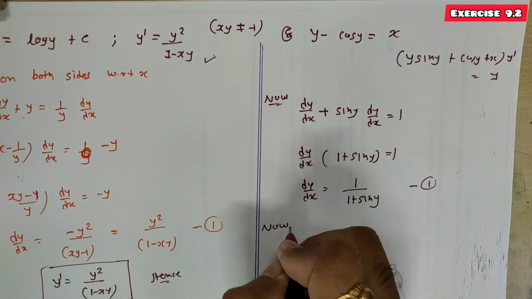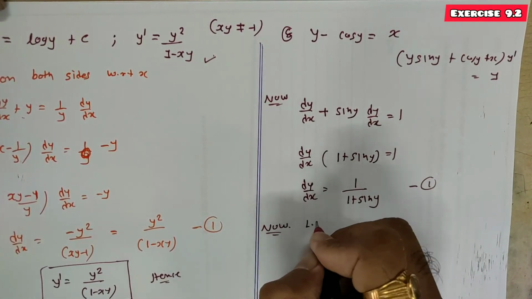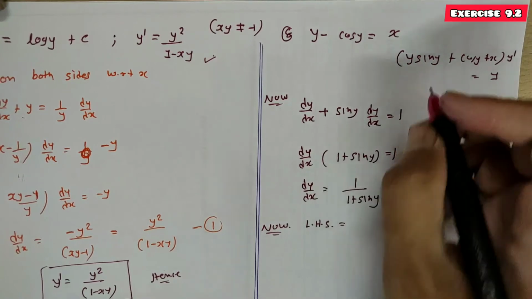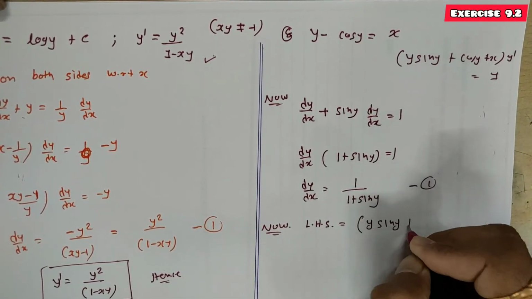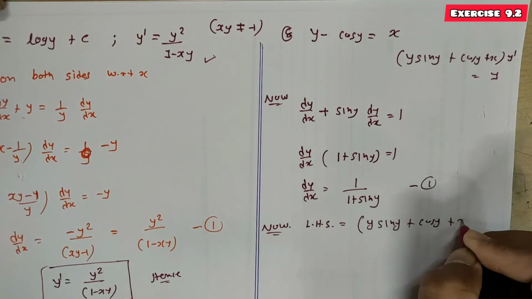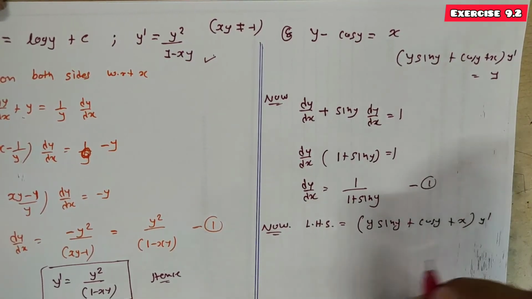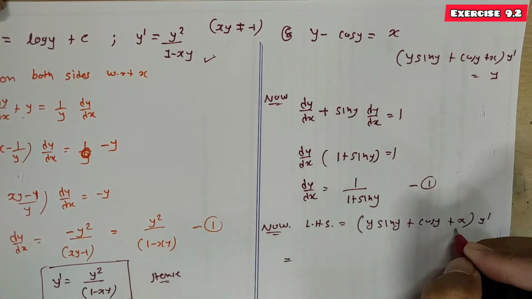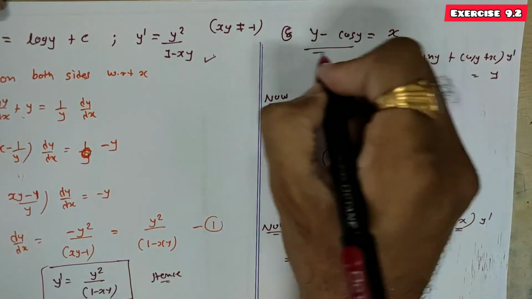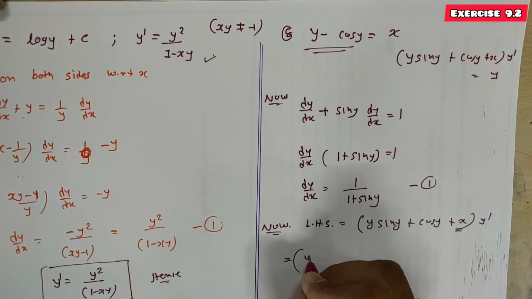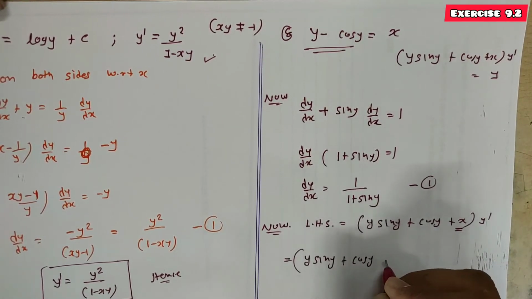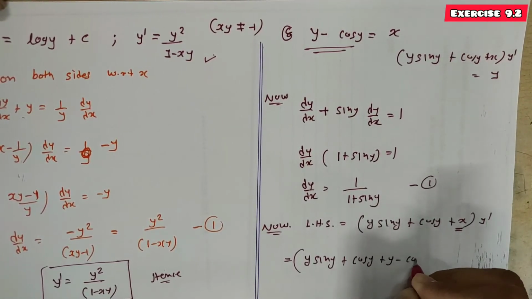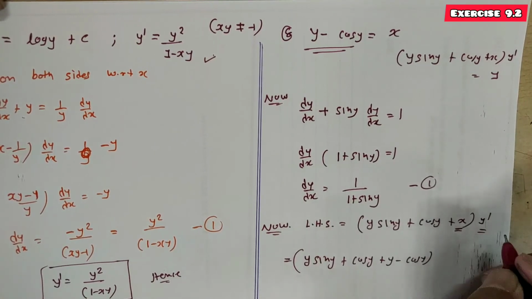Now, the left hand side of this given equation is y sin y plus cos y plus x into y dash. Here we will replace this x with y minus cos y. So it's y sin y plus cos y plus y minus cos y into y dash.